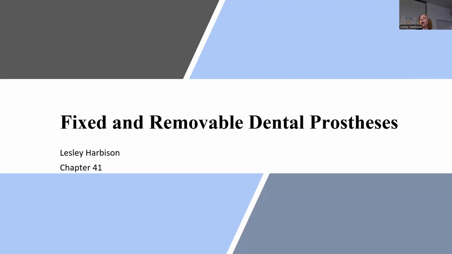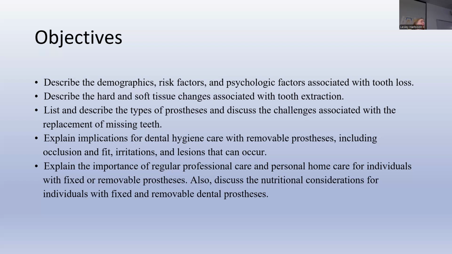All right, so the objectives for this one, we're just going to talk a little bit about tooth loss and the demographic around tooth loss and risk factors. I'm going to talk about hard and soft tissue changes associated with tooth extraction and what happens to the remodeling of the bone when there's not a tooth in there.